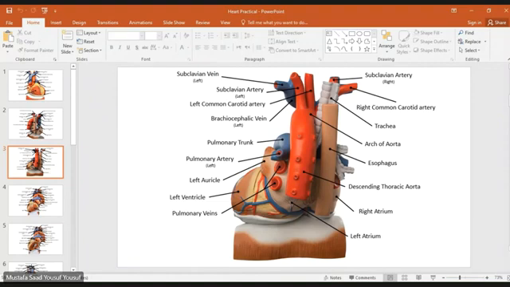The apex is a bit difficult to distinguish, but since I see the descending aorta, and because the arch of the aorta arches to the left side, the descending aorta will descend on the left side of the thoracic cavity. So since I see the descending aorta, this means that I am looking at the left side. Good.